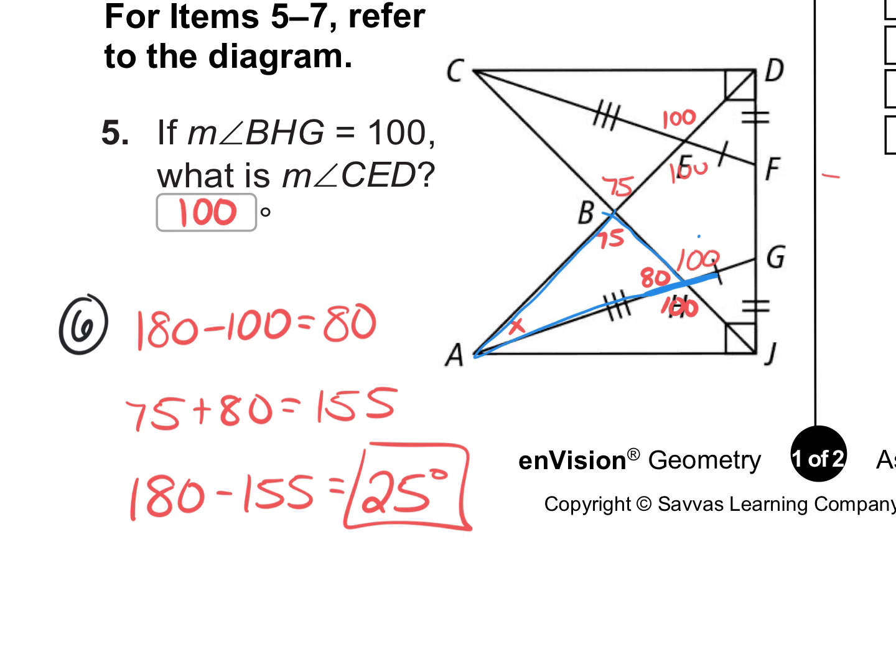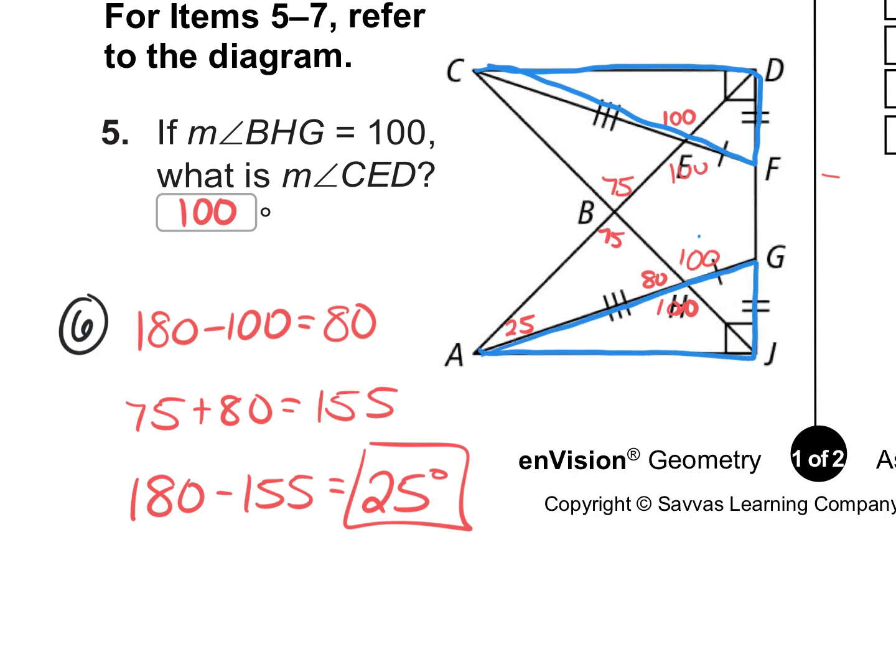Number 7 is asking if these two triangles are congruent to each other. I'm going to erase this for a second. Number 7 is asking if these two triangles are congruent to each other.